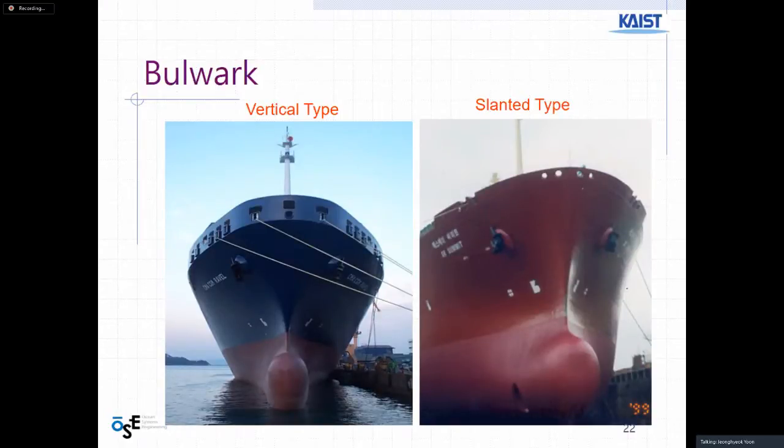But by adding this one, we can somehow cancel each other. That is the idea of the bulbous bow. But sometimes it works, sometimes it does not work, because the phase difference between waves is not easy to match, right? And size also, length, size, phase, all should be the same, right? To cancel each other. But anyway, the baseline idea is this one.